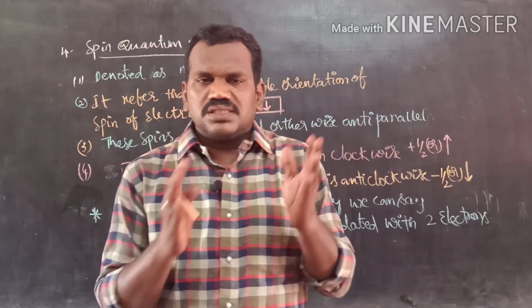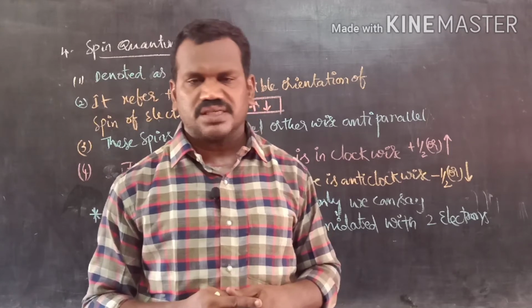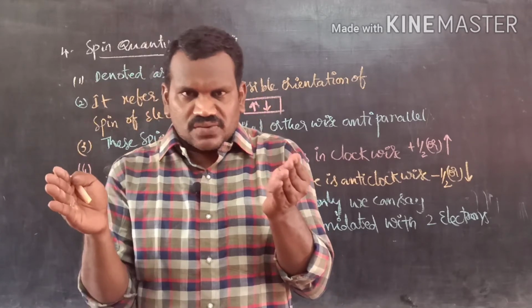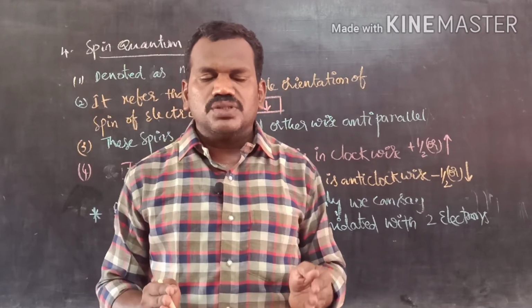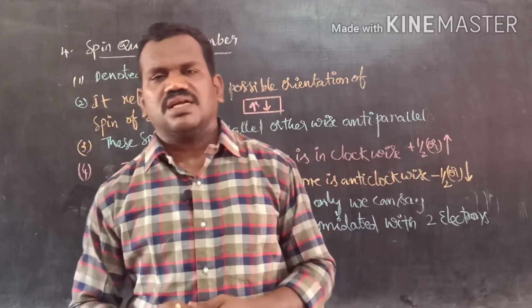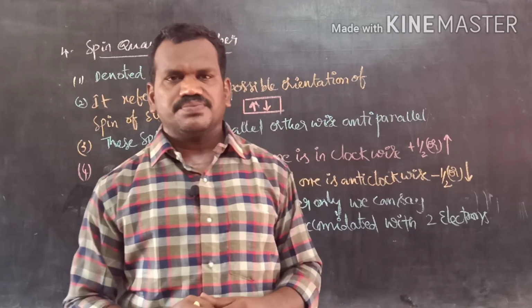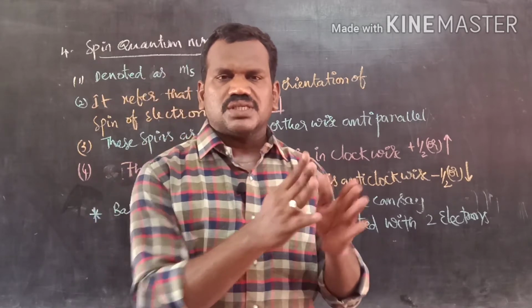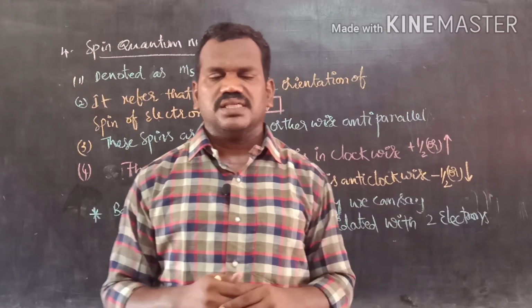One is in the clockwise direction, the other is in the anti-clockwise direction. Because of the clockwise and anti-clockwise directions, opposite spins and opposite magnetic poles are developed. That will be discussed in modern electronic theory.